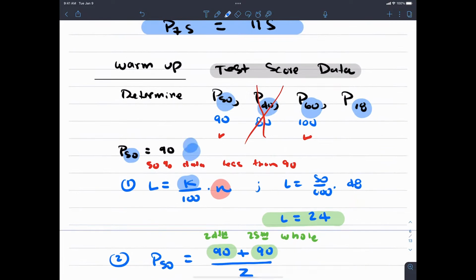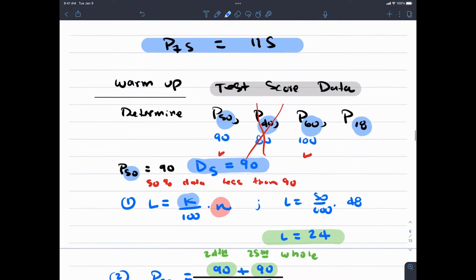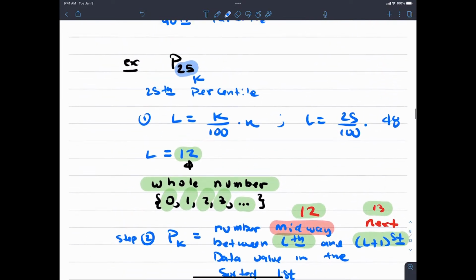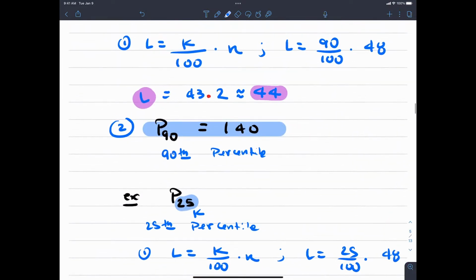D5 is really what? This is P50, which is D5. So I was already sneaking in these questions. P75 is not a decile. Do we have another decile? We sure do.